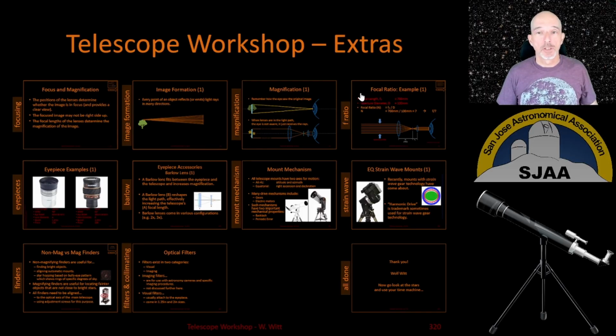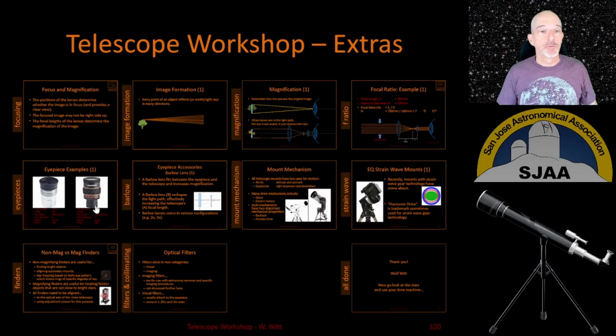So here we'll look at a bunch of ray diagrams that will talk a little more about how focusing works, a little more about how the image is formed through the telescope, how magnification works out to be the telescope's focal length divided by the eyepiece's focal length, and then we'll talk a little more about f ratio or f-stop or f-number, because some of this, as I mentioned during the in-person session, can be a little confusing.